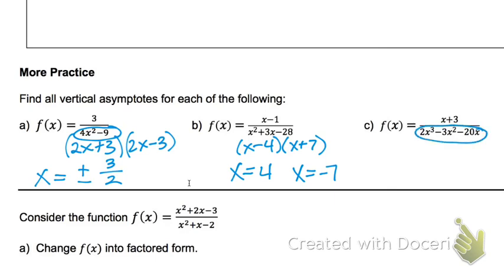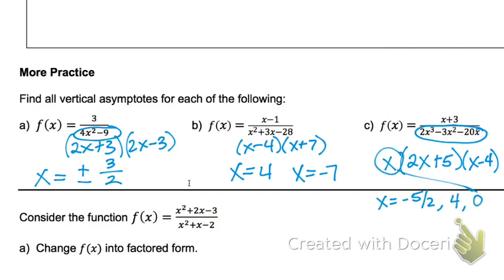So you pull the x out, and then 2x plus 5 and then x minus 4. And so when we set all of those equal to 0, we get x equals negative 5 over 2, 4, and what else? 0, because of this guy. We cannot forget about him.